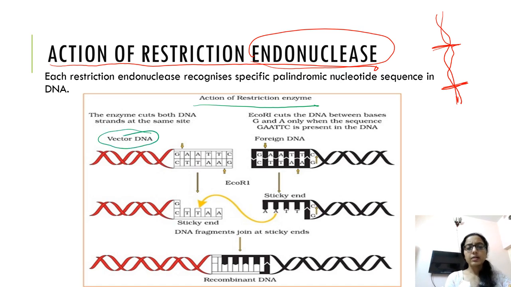Vector DNA will transmit the gene of interest into the host. This is the foreign DNA. The enzyme cuts both DNA strands at the same time, at both ends. And EcoR1 is a restriction endonuclease.